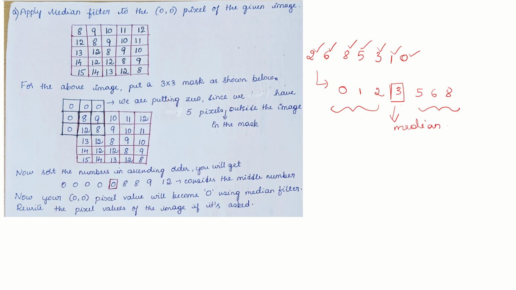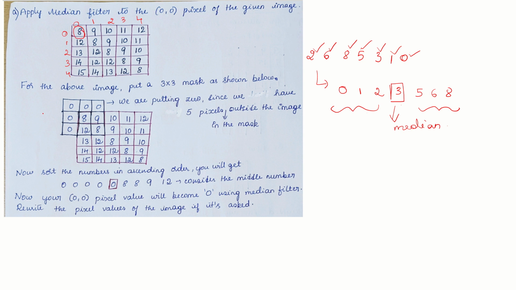Here, we have to apply the median filter on the 0, 0 pixel. So what is my 0, 0? This is my 0, 1, 2, 3, 4, and this is my 0, 1, 2, 3, 4. It is my 0, 0, and the value is 8.